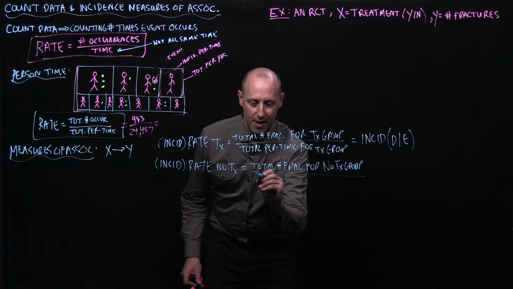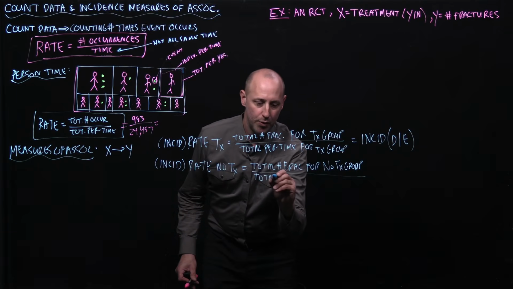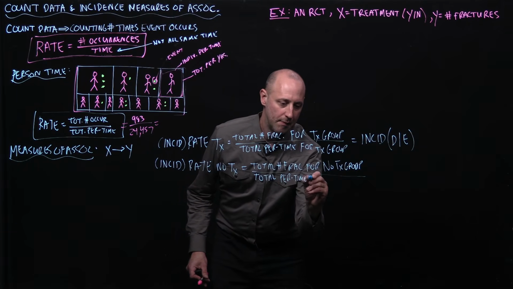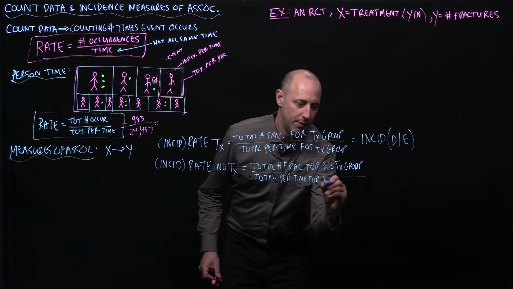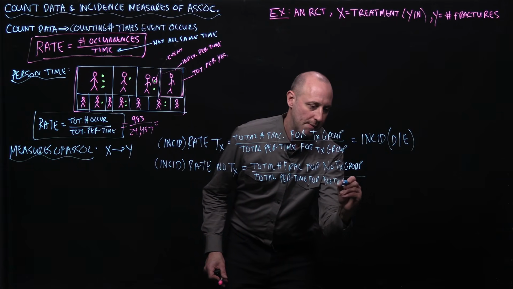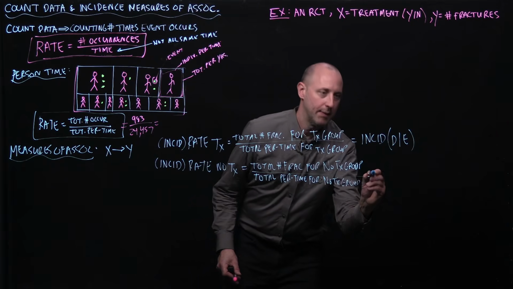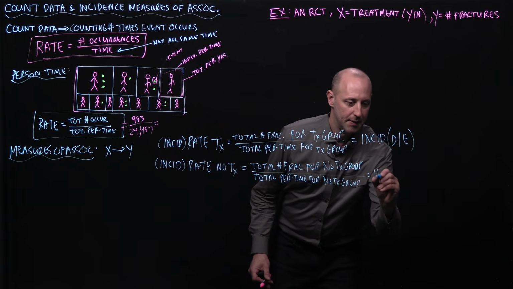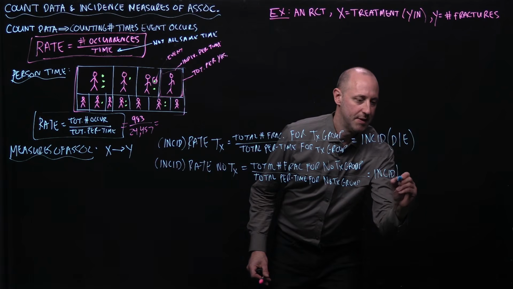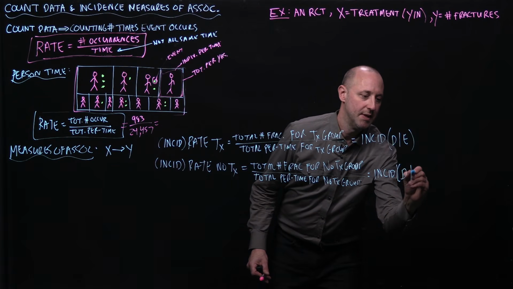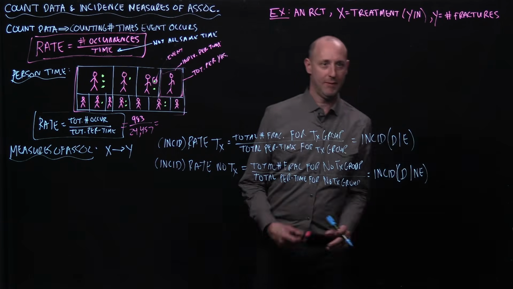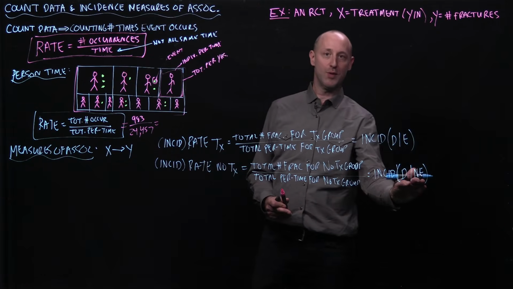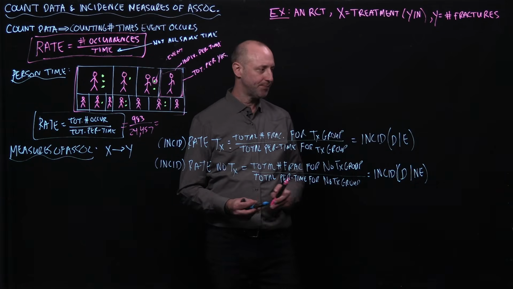Again, divided by the total person time for the no treatment group. And I'm going to label this as the incidence of the disease given they were not exposed. Okay, again, the generic terminology. We're looking at what's the rate of fractures for those who were not on the treatment.